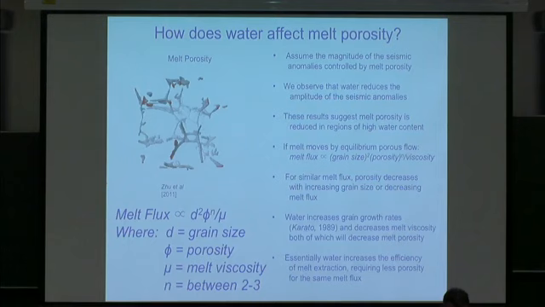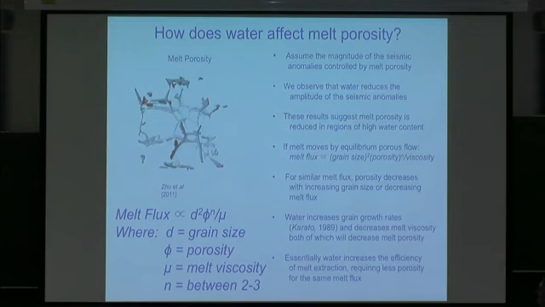So what we finally concluded was that we think that water is affecting the melt porosity. In other words, if our seismic velocity anomaly is roughly proportional, or at least sensitive, to the amount of melt porosity in the mantle, then the areas that have a large water content may have a lower melt porosity.